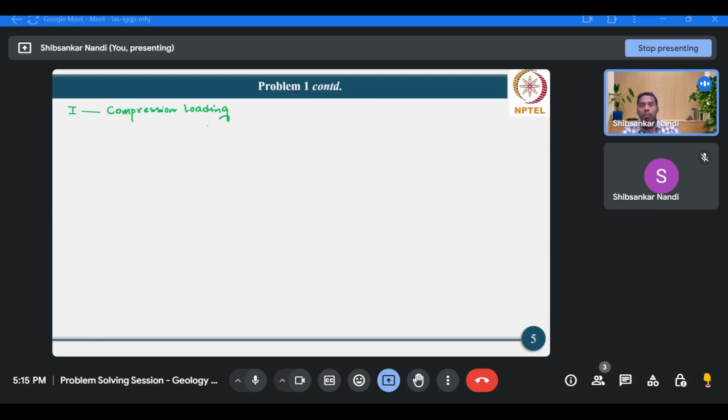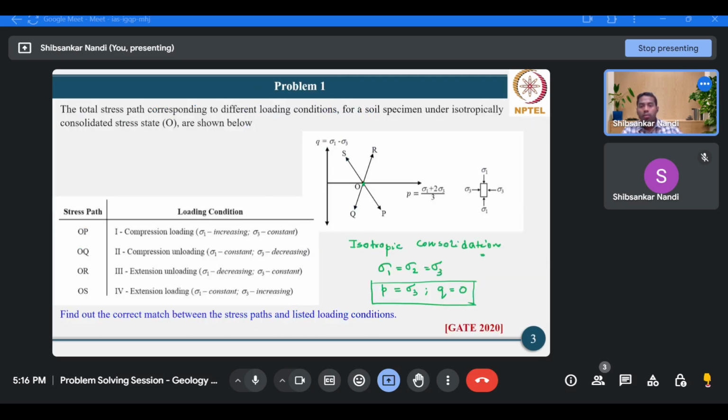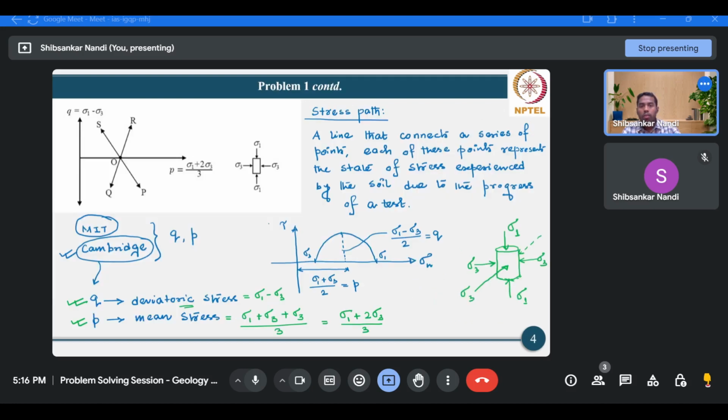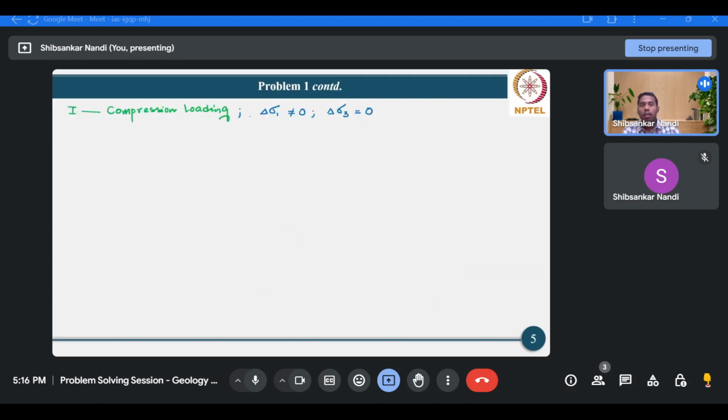Mathematically, delta sigma 1 is not equal to 0, whereas delta sigma 3 is 0, since sigma 3 remains constant. This is the mathematical representation of the given loading condition.